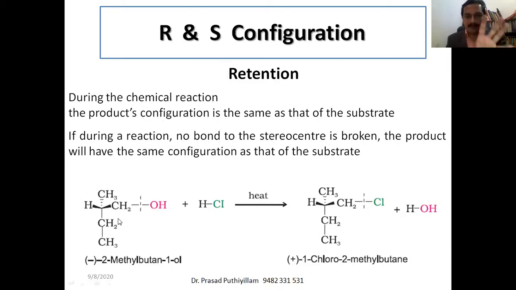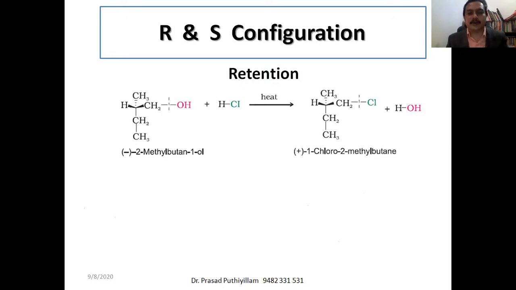Now if we consider the RS configuration, whether the configuration is S or R, we'll check it out. I'll take the same molecule, and I need to rearrange it. Here CH2OH and H are both facing us, like two groups coming closer to the observer. We need to arrange it in such a way that the hydrogen goes away from the observer.